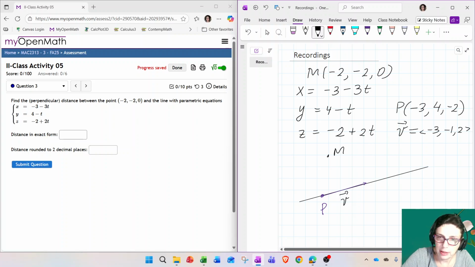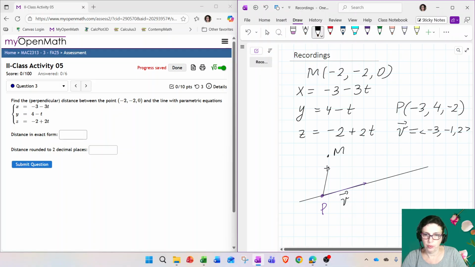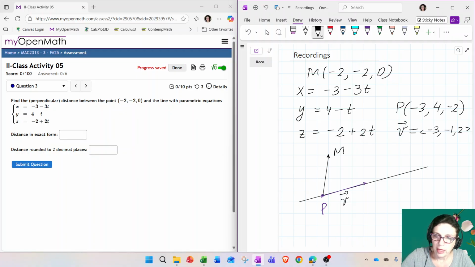Let's go ahead and join P with M with another vector. Now look at these two vectors, V and vector PM. Think of these two vectors as adjacent sides of a parallelogram. I'm going to continue drawing this to get a parallelogram.